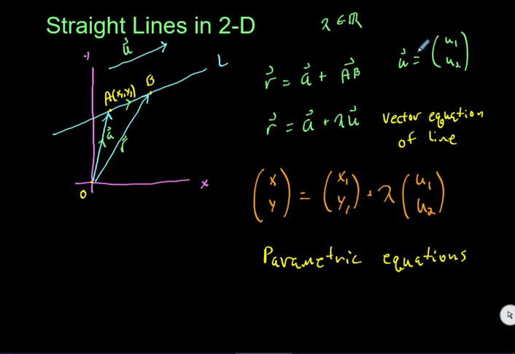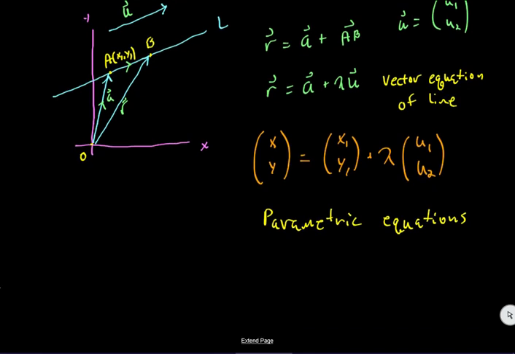And simply, a parametric equation is where you just take what our x coordinates are going to be equal to, from our vector equation of a line.